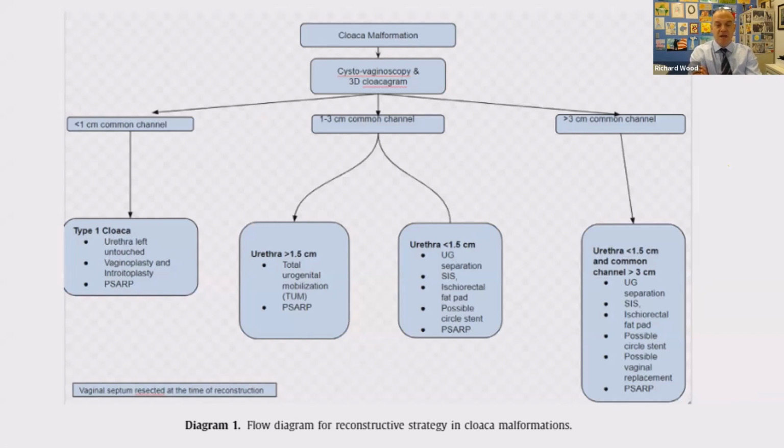In those patients, if you have to change plan from doing a mobilization to a separation, 70% of patients lost their urethra and needed to have the bladder neck closed and a vesicostomy and long-term a Mitrofanoff. In our series, which we recently published, 97% of patients were able to maintain a urethra.